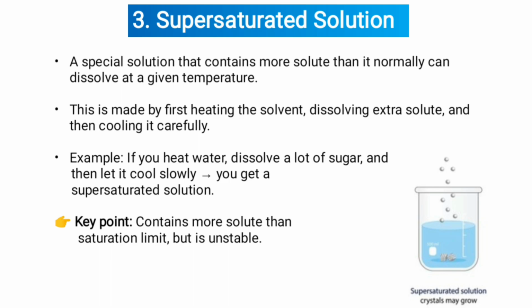Example, if you heat water, dissolve a lot of sugar, and then let it cool slowly, you get a supersaturated solution. Key point: it contains more solute than the saturation limit but is unstable.